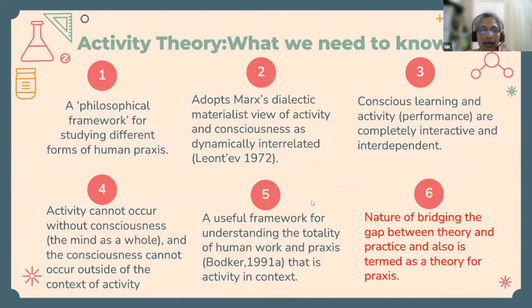So this is a few information that you should know about activity theory. It is a philosophical framework for studying different forms of human praxis. So we are going to look into human behavior. So we are using this framework because it's going to look into human behavior from different perspectives.